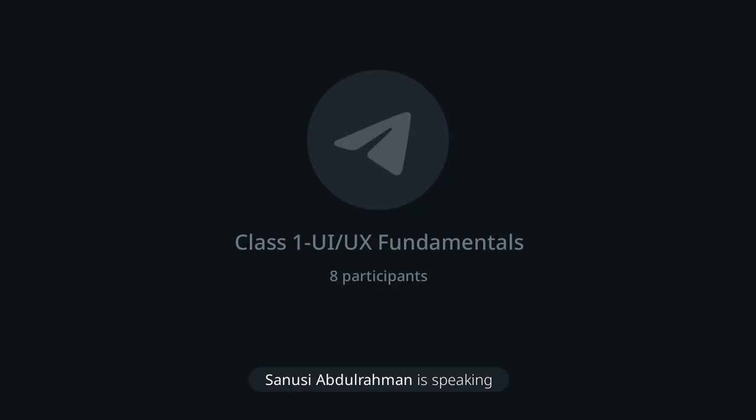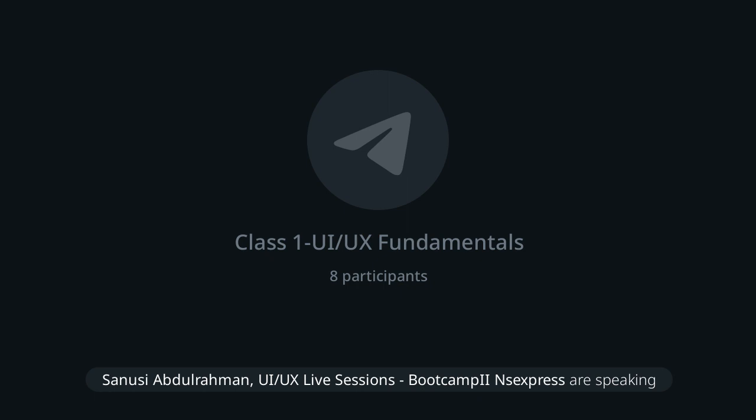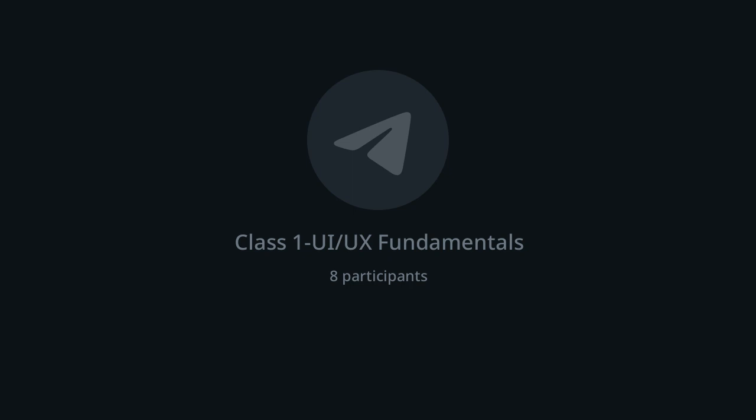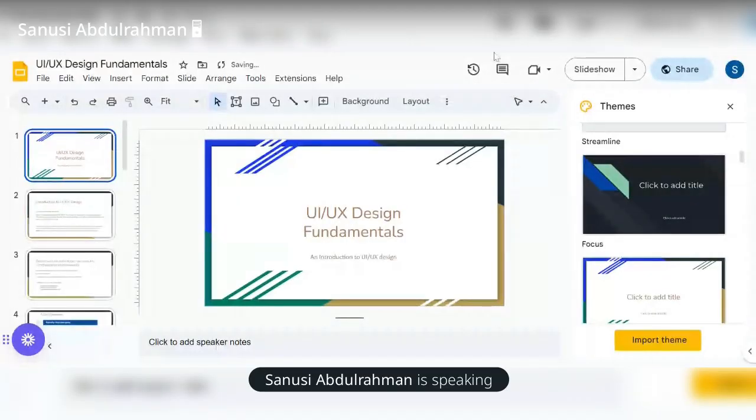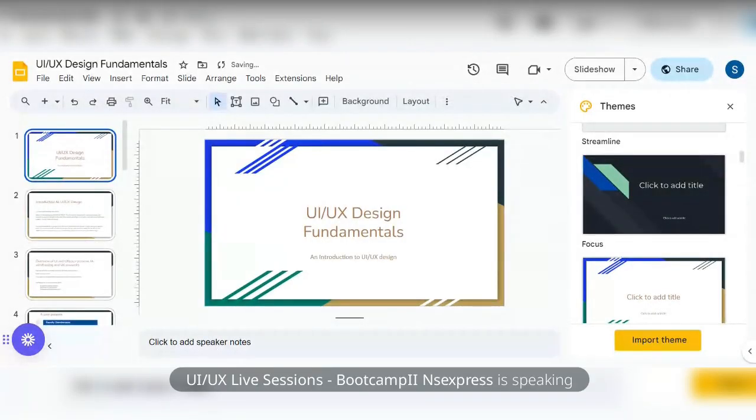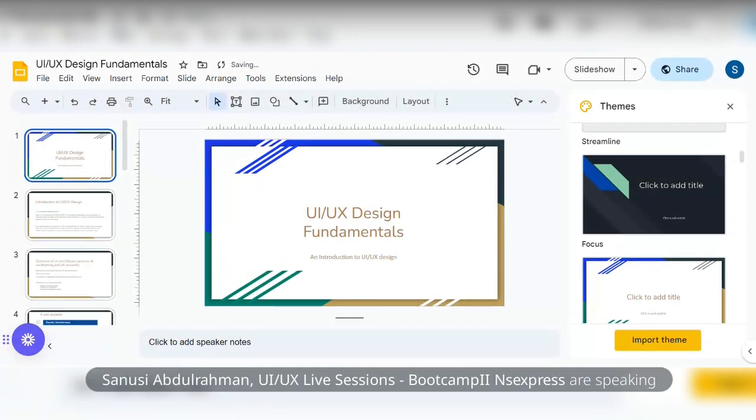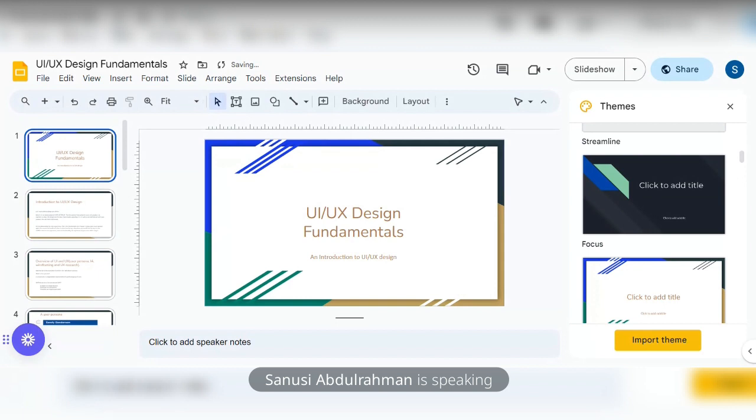Can anyone hear me? You can hear you. Seems you're having network issues. Yeah, we can see your screen, and we don't know if you are speaking. Are you there? Hello, can anyone hear me?